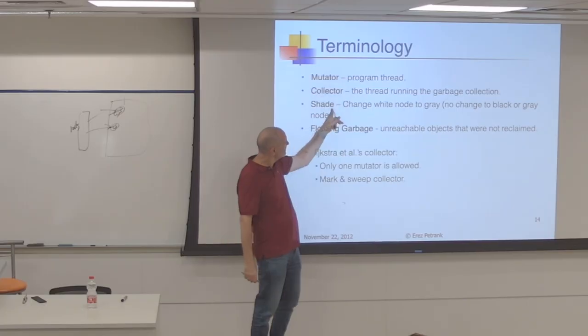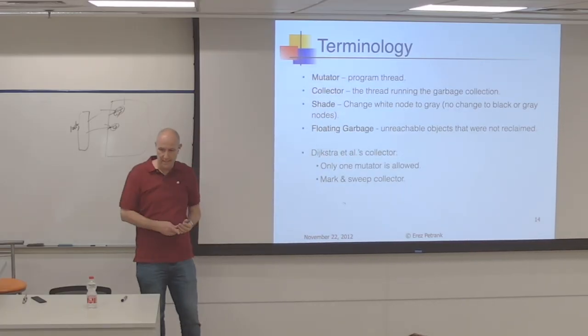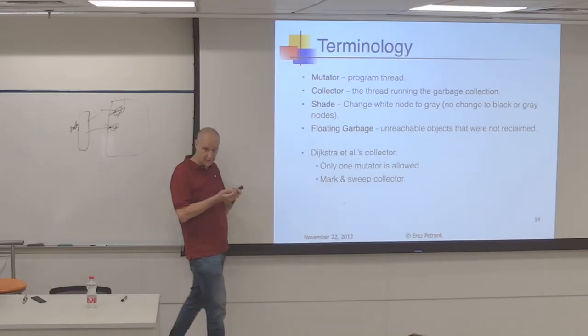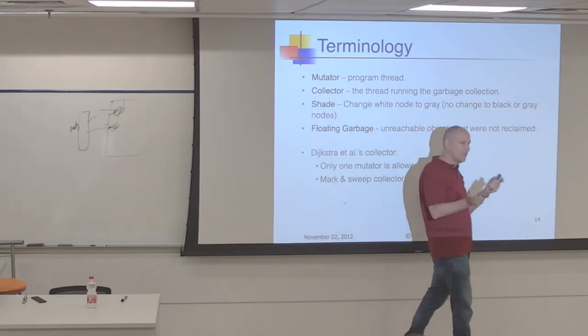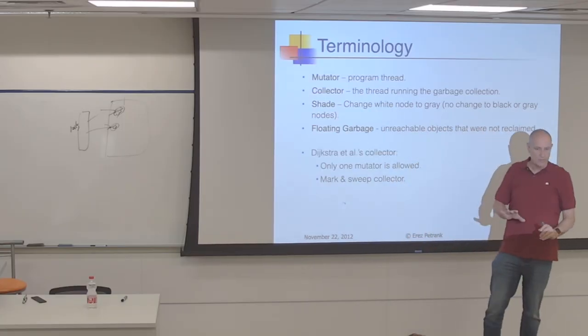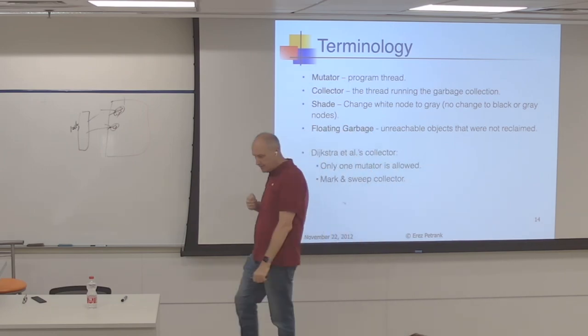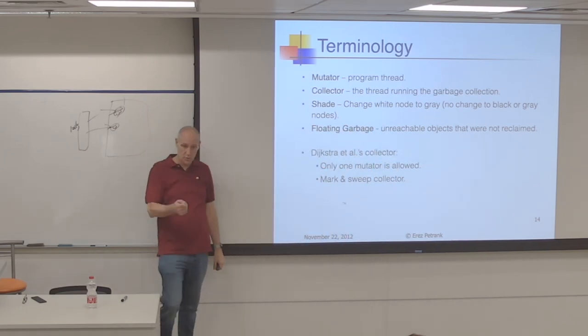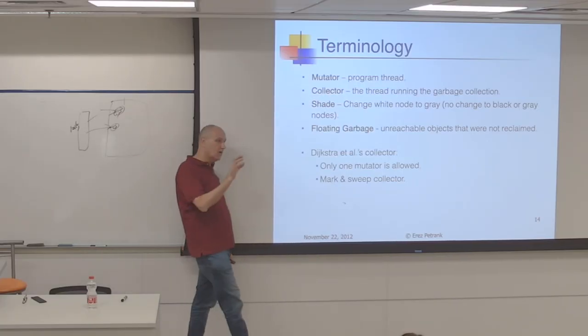Okay, they call it shade. They have this notion. It means that I'm looking at the color of a node, and if it's white, I make it gray. If it's gray or black, I do not do anything with it, but if it's white, I make it gray. It means that I notice this node. It was white, I didn't notice it yet, but I notice it now, I shade it.